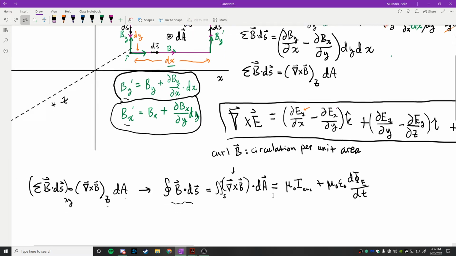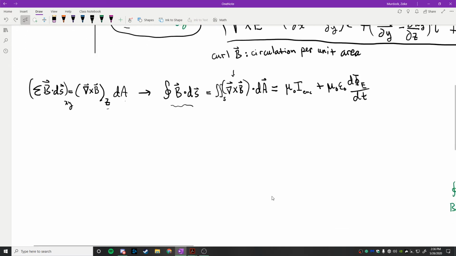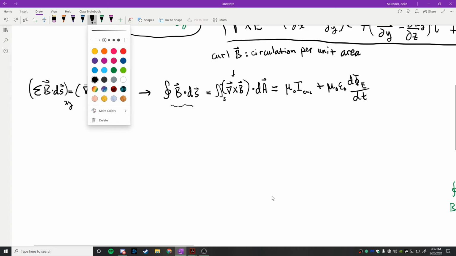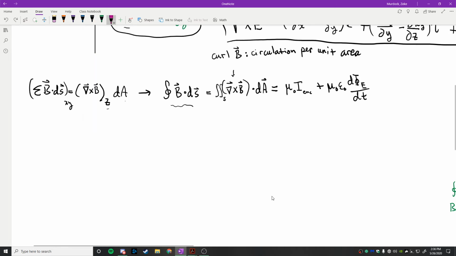Now, what we can do with this, and I think this is an interesting thing to do, is take this I enclosed, the current that's enclosed, and write that in a different way. We could write that as basically a surface integral, and you did this in some of the homework problems you guys had, especially in the lab manual.